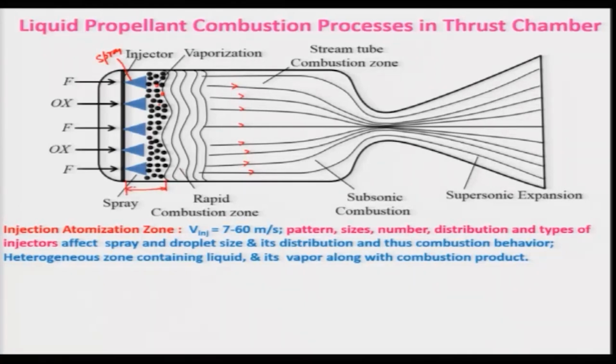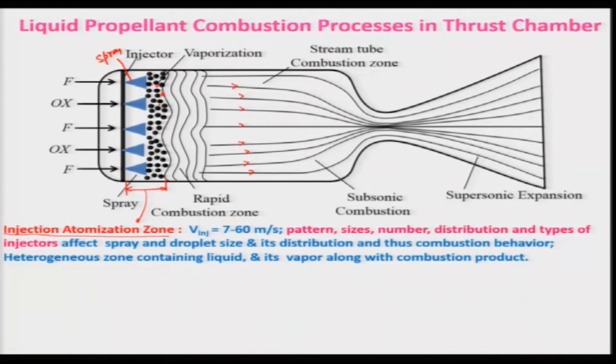In this zone, the injection velocity will be on the order of 7 to 60 meters per second, even sometimes more, and the spray and droplet size and its distribution, and also the vaporization, will depend on the injector pattern, sizes, and number of injectors, the type of propellants, and the type of injectors.